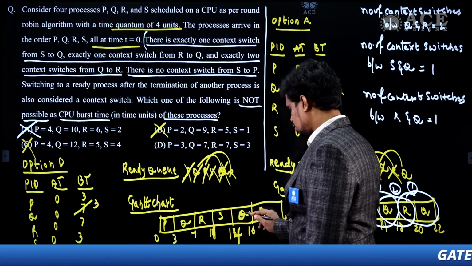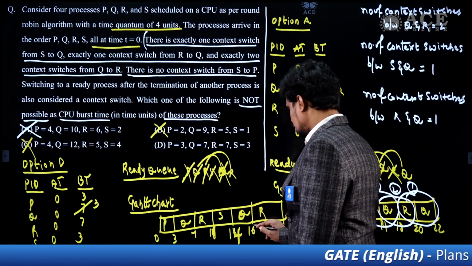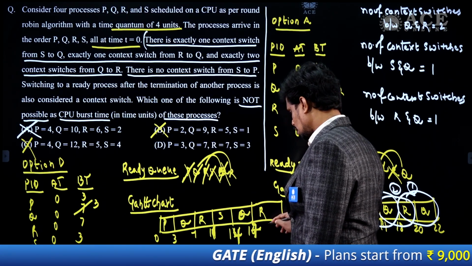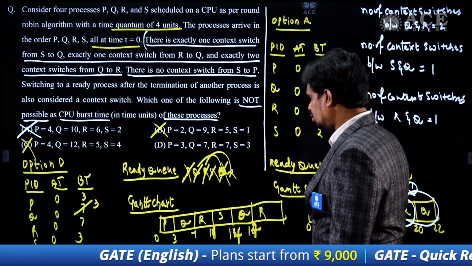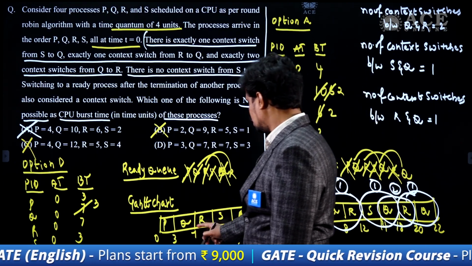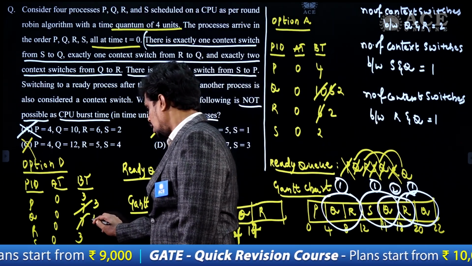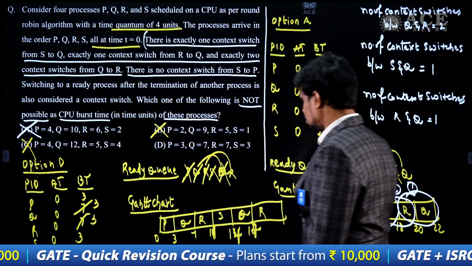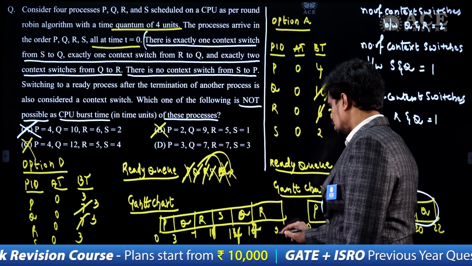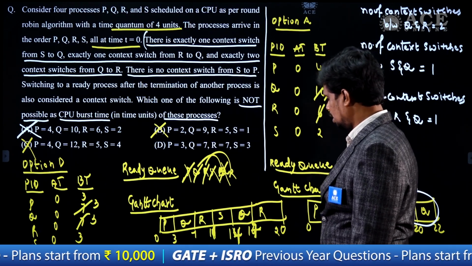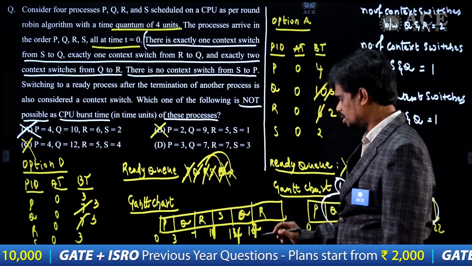Okay, and this Q is going to be executed till 17. Now from 17, already 4 units are executed, so it still has 3 units of execution. Those 3 units get executed now, till 20. This is how you can draw the Gantt chart for this system.